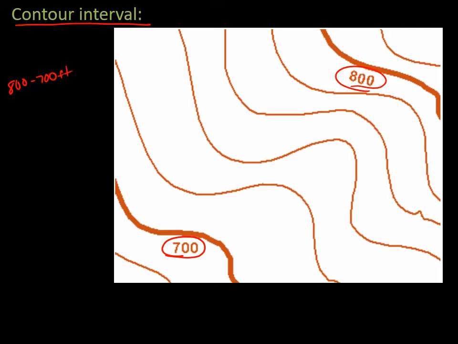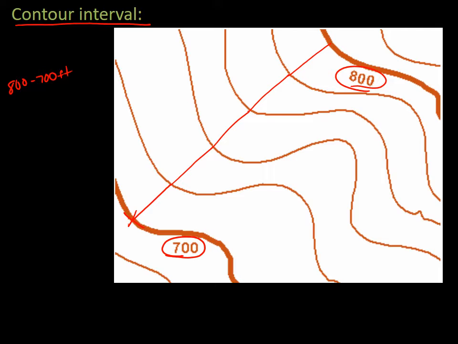So now the question is just to figure out how many even chunks, even divisions that 100 feet is divided into. In other words, how many contour lines are in between 700 feet and 800 feet. So if we start on the 700-foot line here and think of marching to the next one, there's 1, 2, 3, 4, 5 lines.